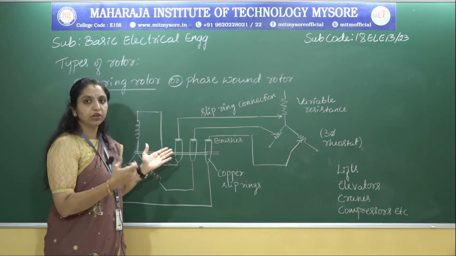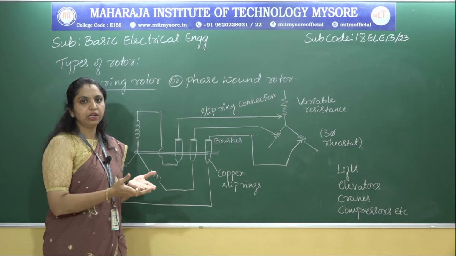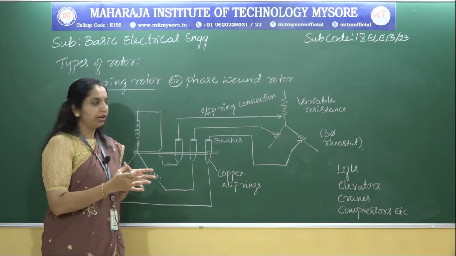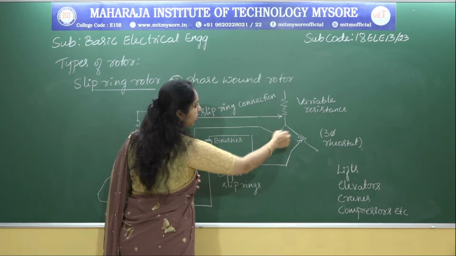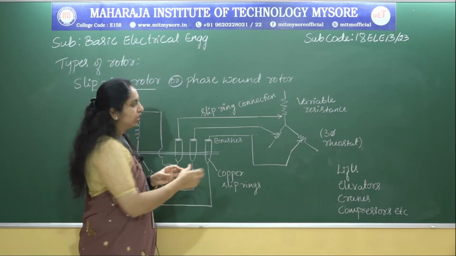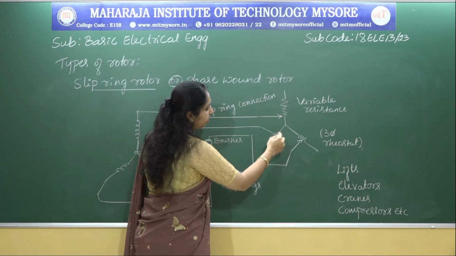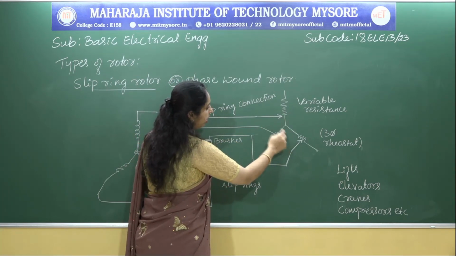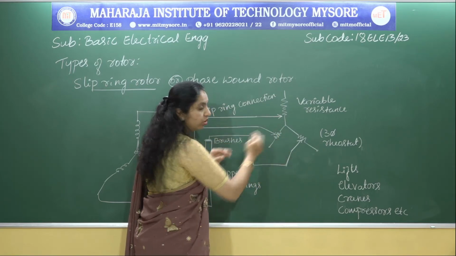Once it is running at normal condition, the resistance value decreases completely, and at some point this circuit becomes short circuited, because when the value comes to a very small value, all the rings, all the 3 connections, are joined together.